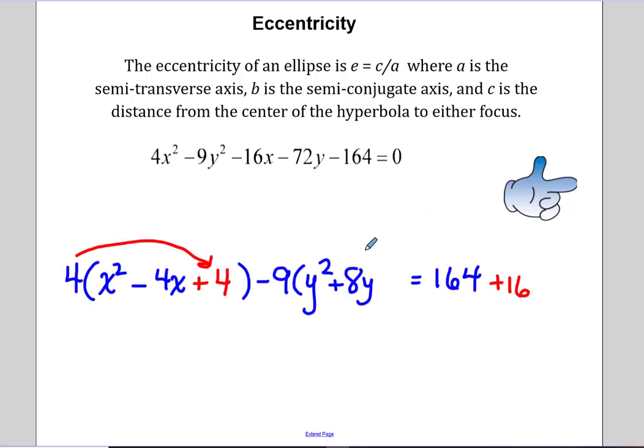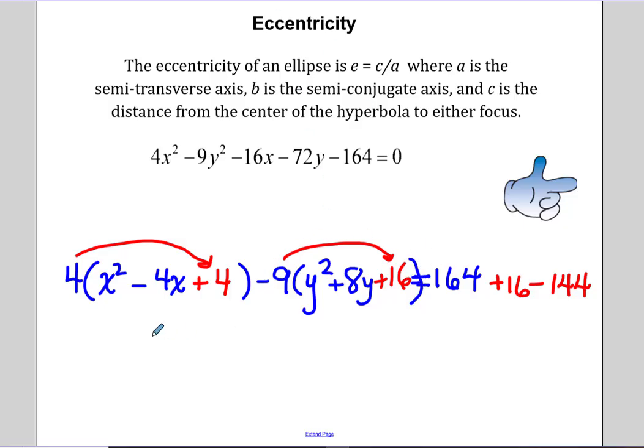So half of 8 is 4, and 4 squared is 16, but we're not just simply adding 16, we're adding 16 times negative 9, so we're really adding a negative 144 to the left, so we want to subtract 144 because we're subtracting with that negative on this side.